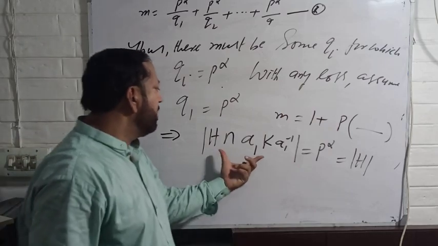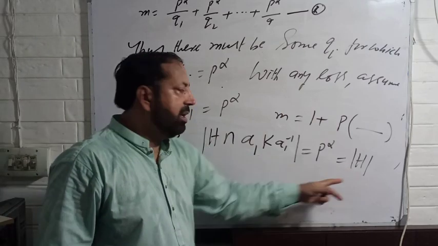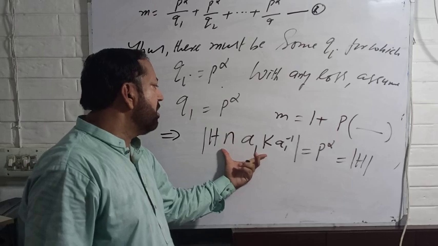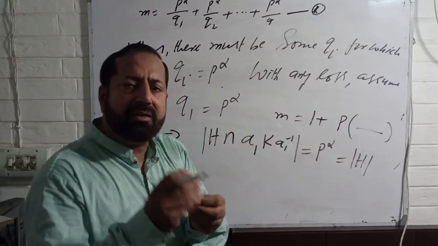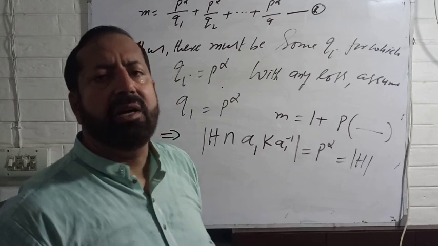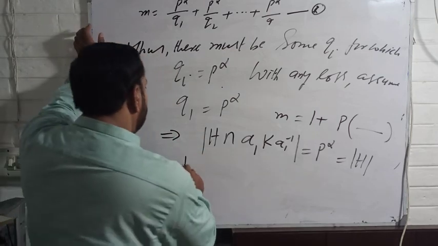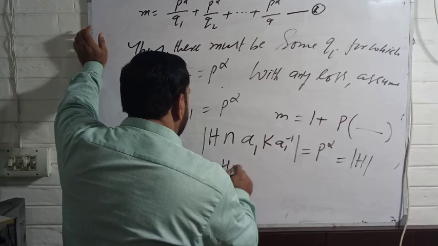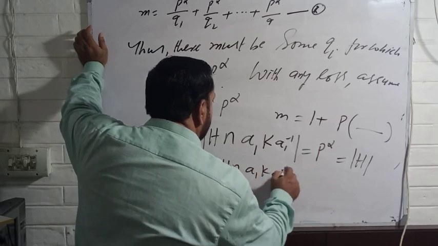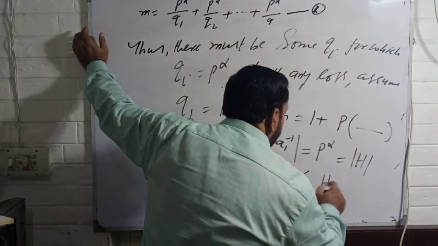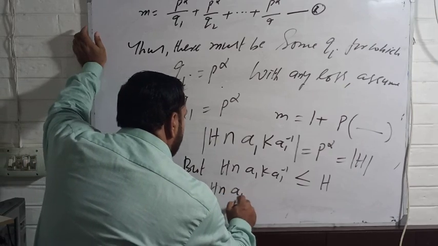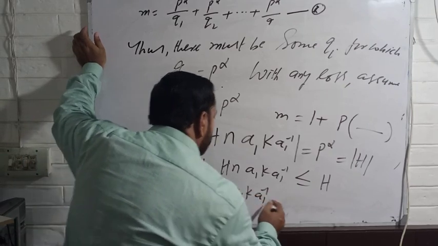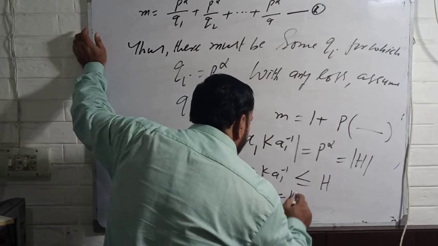Okay, and you know that this is a subgroup of H, and if the order of a subgroup and the order of the group are the same, then in fact the subgroup coincides with that group. But H intersection A1K A1 inverse is a subgroup of H. So this implies H intersection A1K A1 inverse is equal to H.